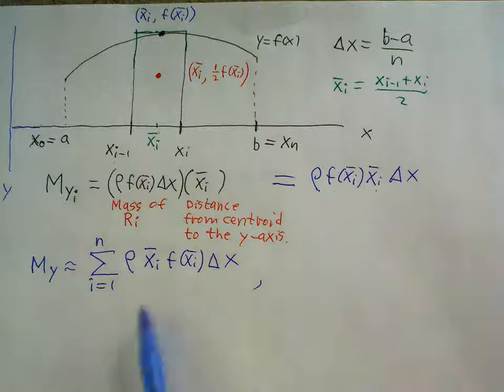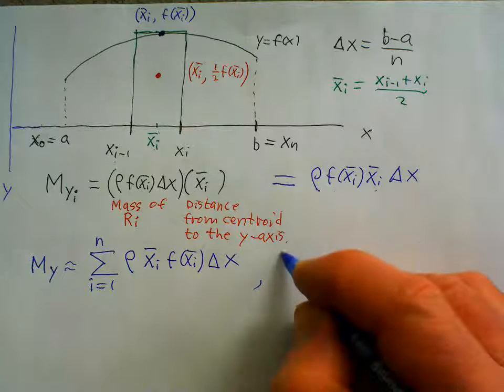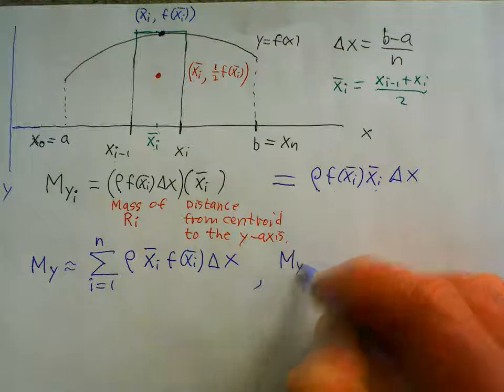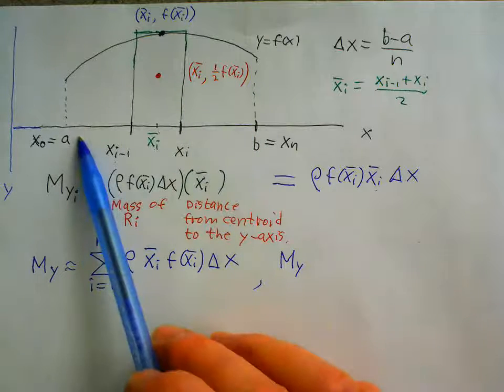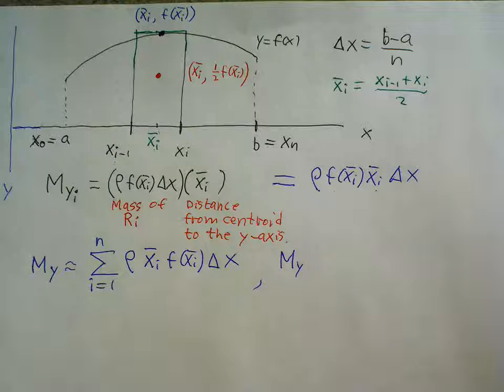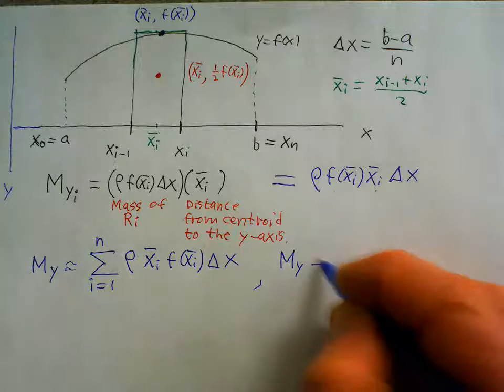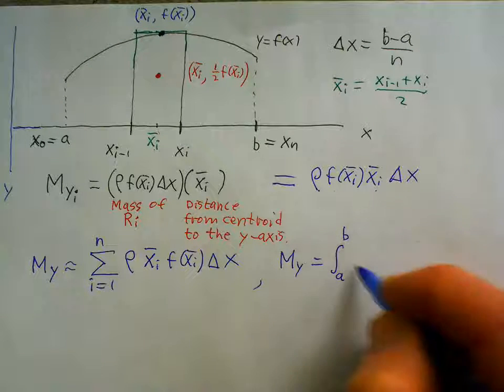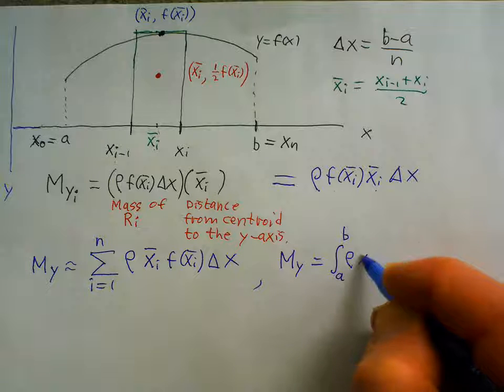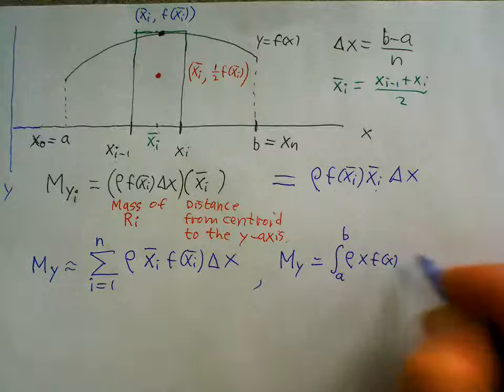And then if you take a limit of this Riemann sum by letting n go to infinity, then the moment of the entire region about the y-axis is the definite integral from a to b of rho times x times f of x dx.